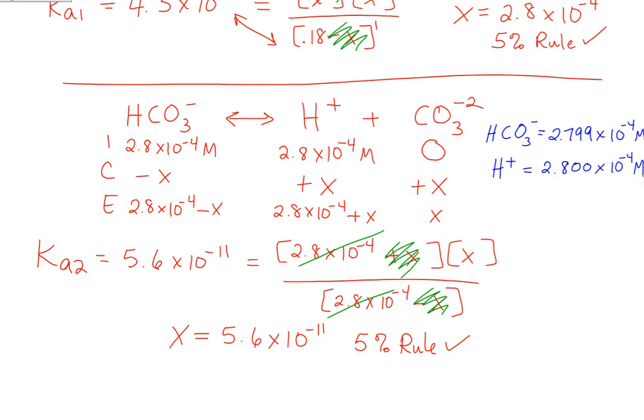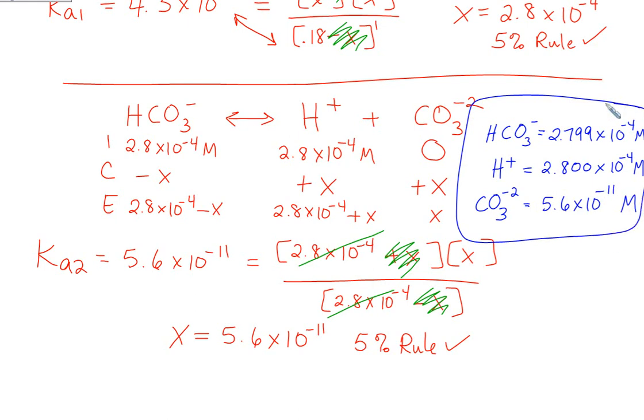Yeah, but it is insignificant. It really doesn't change my hydrogen concentration from the first step. And here I finally see the carbonate ion, CO3 2-. It is X, 5.6 times 10 to the negative 11th molar. Okay, so there's part of it.